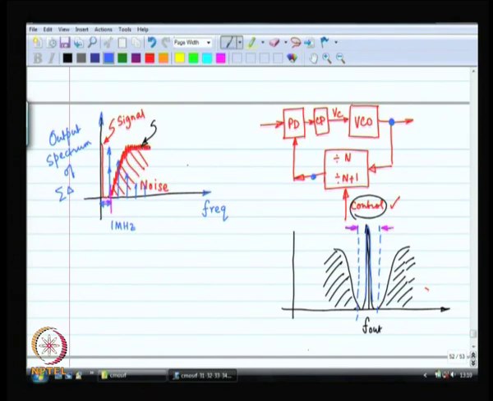So, now you have to make a more intelligent design for the sigma delta modulator, so that no noise is produced in that region. So, you have to place zeros, for example, you have to make a higher order sigma delta modulator, so that the quantization noise is 100 decibels below the signal or something like that, right.